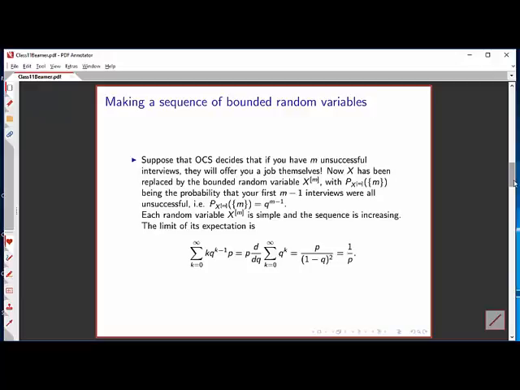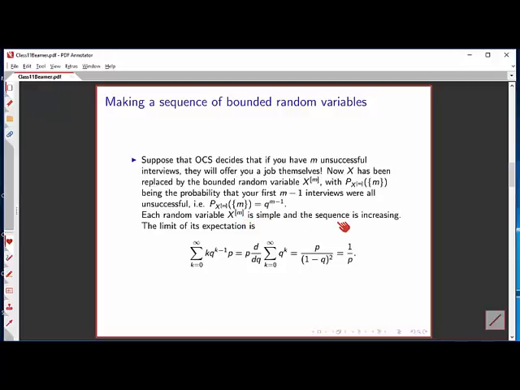So now we have turned the random variable x into a bounded random variable, xm, where the probability of this new random variable for m is the probability simply that your first m minus 1 interviews were all unsuccessful. It's q to the m minus 1. That's the sum of the probabilities of getting jobs on the mth interview or beyond in the earlier unbounded random variable. Each of these random variables is simple.